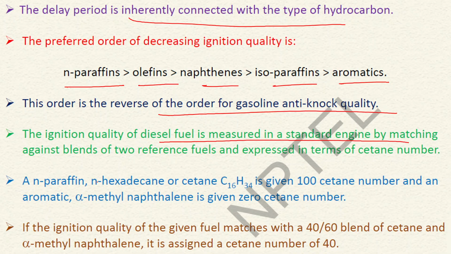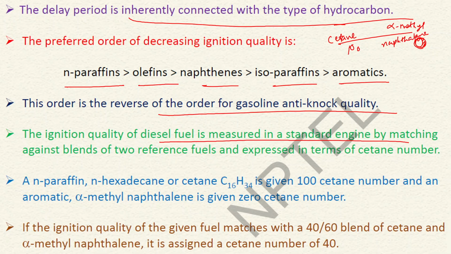Okay, we take a sample and we compare it with some reference fuels. We compare it with some reference mixtures. So here it is a scale of 0 to 100, where cetane has a value of 100, and the 0 value is for alpha methyl naphthalene.